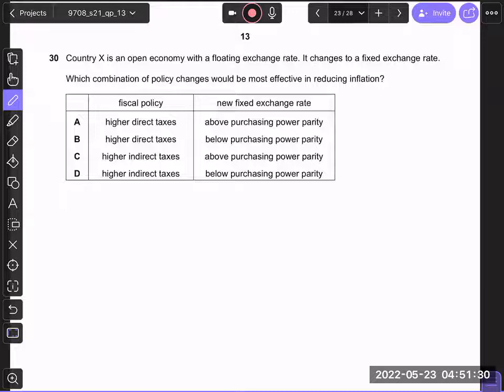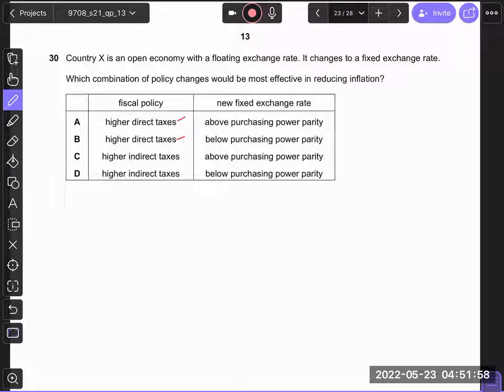What should be the fiscal policy? Raising the direct taxation. Right, because indirect taxes will fuel the inflation.